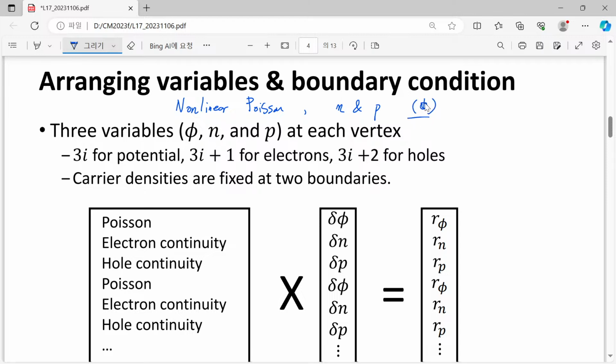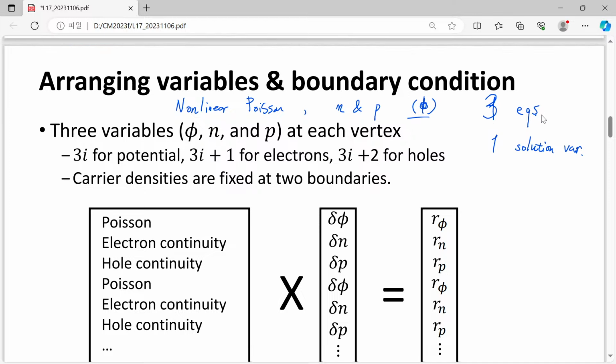So, simply speaking, there was only one single equation and therefore only one solution variable. That was the situation. However, now we have three different equations and we need three different solution variables. That is the situation we have to conquer.